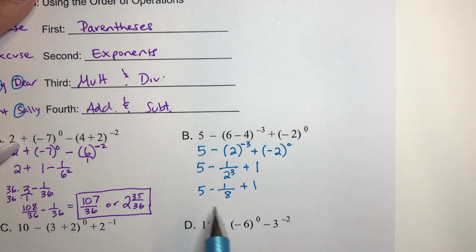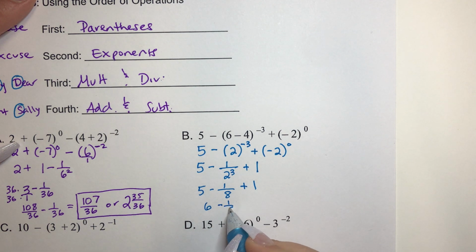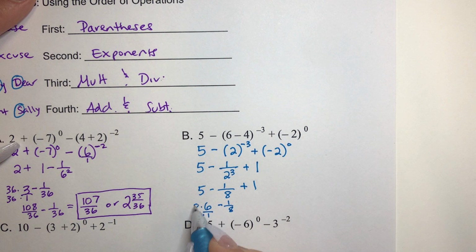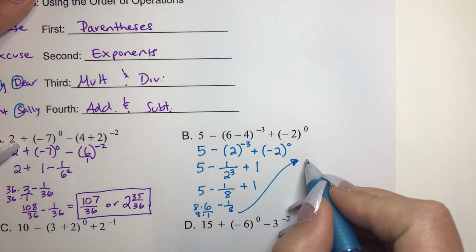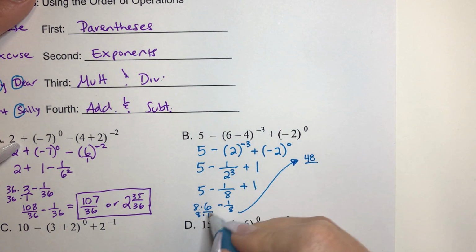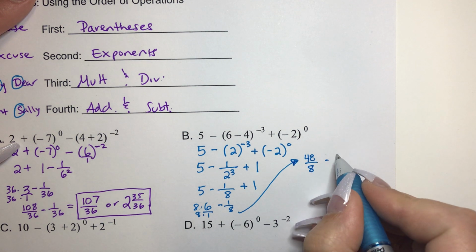Okay. So now we're adding and subtracting. I'm going to add these two numbers, 5 plus 1, which is 6. Okay, and then I want to get a common denominator, so it's going to have to be 8. So I'm going to multiply the top and the bottom by 8. 6 times 8 is 48 over 8 times 1 is 8, minus 1/8.